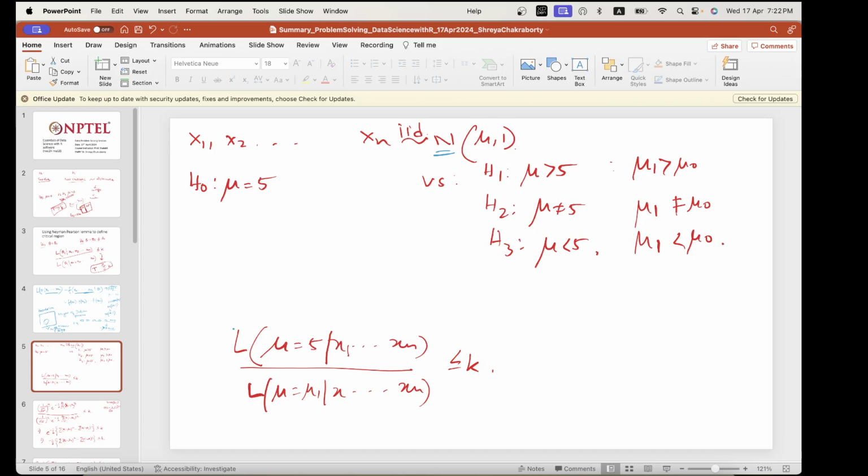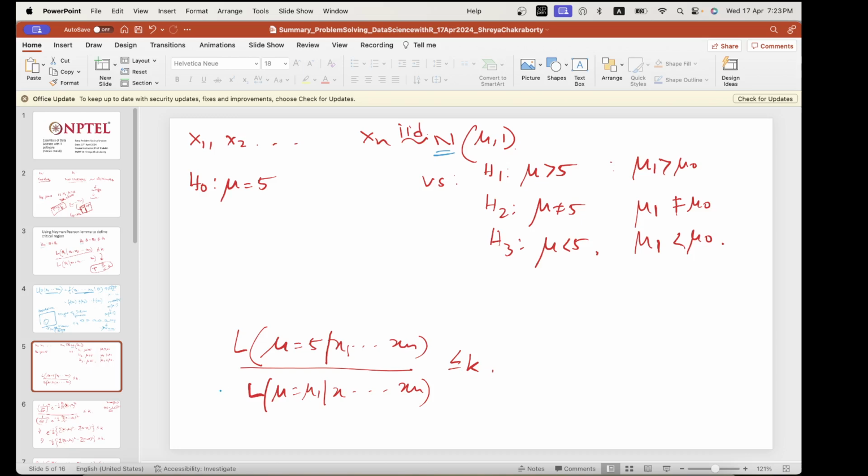First, I'll write the Neyman-Pearson lemma in equation. So I am going to write likelihood at mu equal to 5, that is under null, given x1 to xn, divided by likelihood at mu equal to mu1, whatever is under alternate, x1 to xn, less than or equal to k.